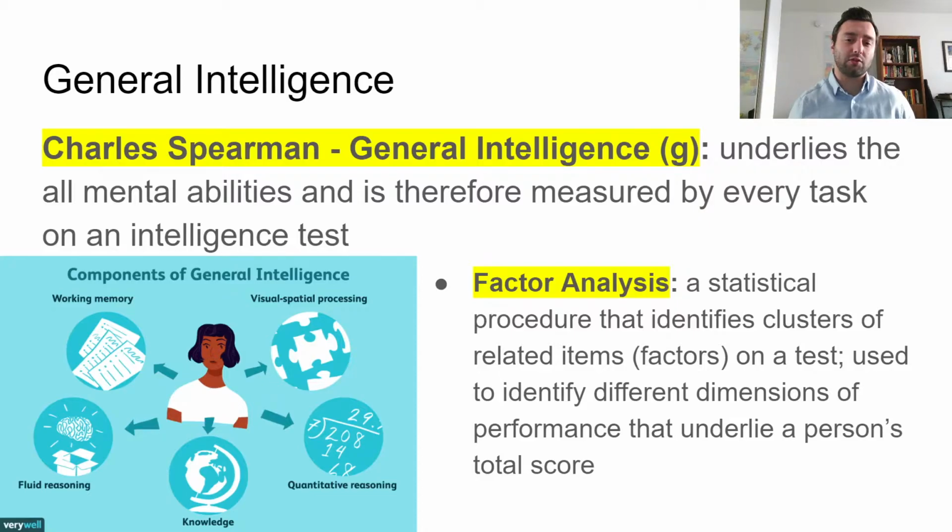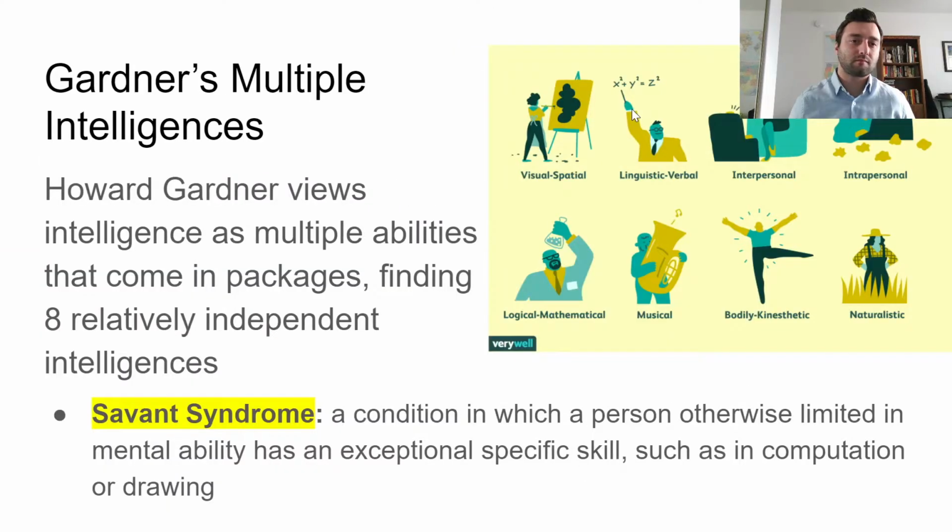You probably are at a high level in a bunch of them. And that would be this underlying g factor, this underlying general intelligence: you're not just intelligent in one thing, you're intelligent in a whole bunch of different things. But it's all coming from this underlying ability. And again, all these different factors are going to go towards your overall score.